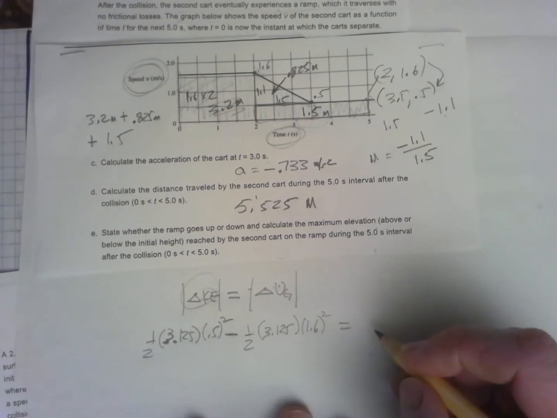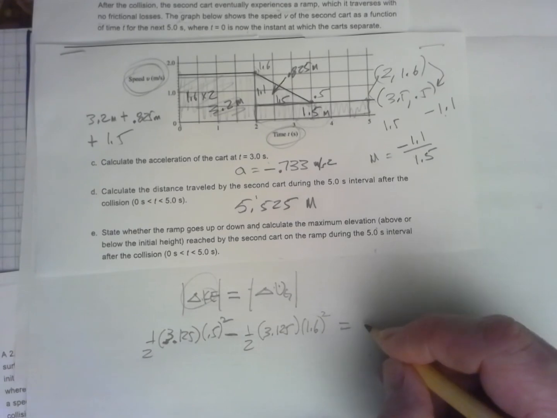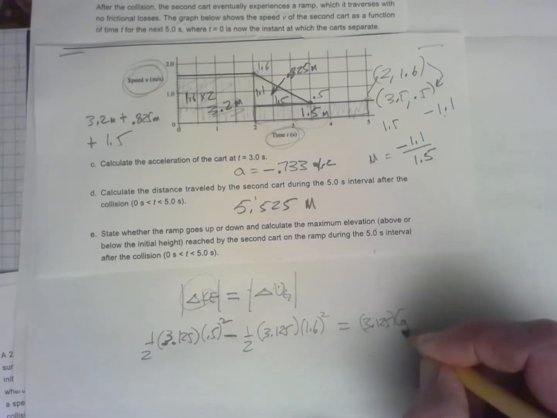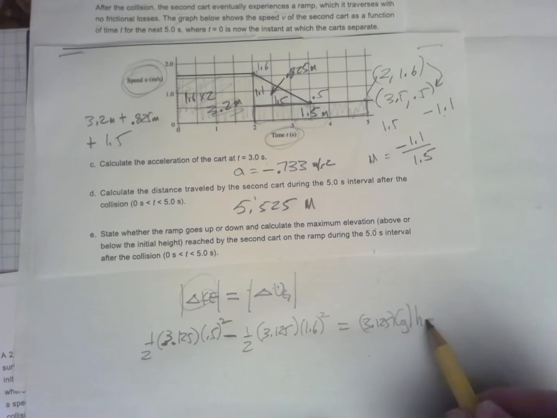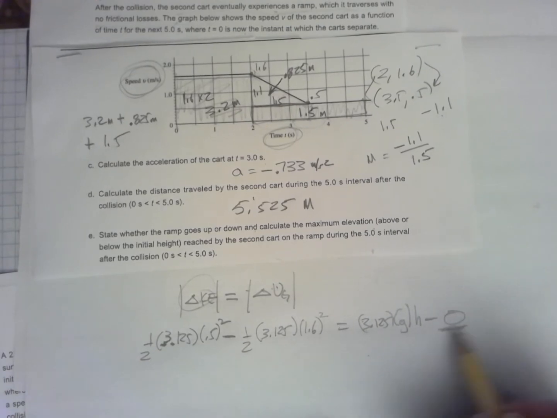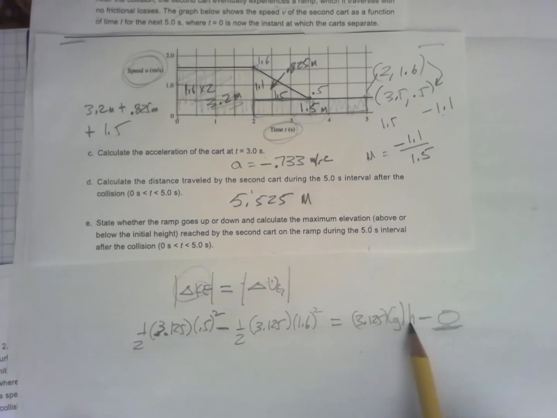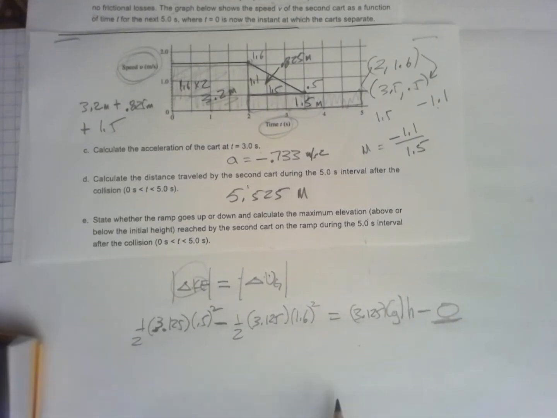Now, we could call, what the heck, let's say the final is just 3.125, that's m, times g, times some h. And let's make the initial 0. That way he starts at a level of 0. We get to pick that, so why not? That way, when we're done, h is what we're looking for. So let's figure all this out.